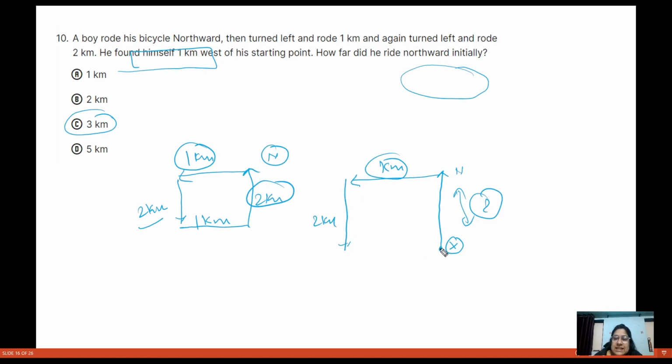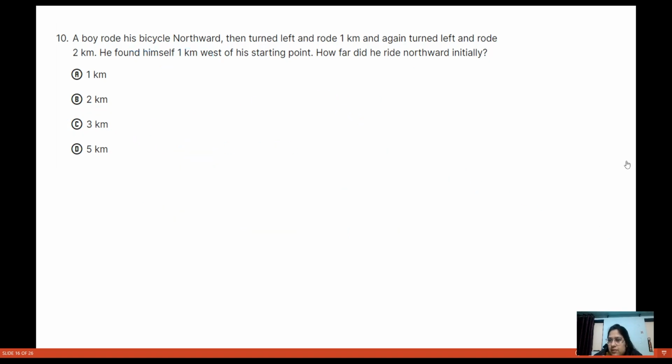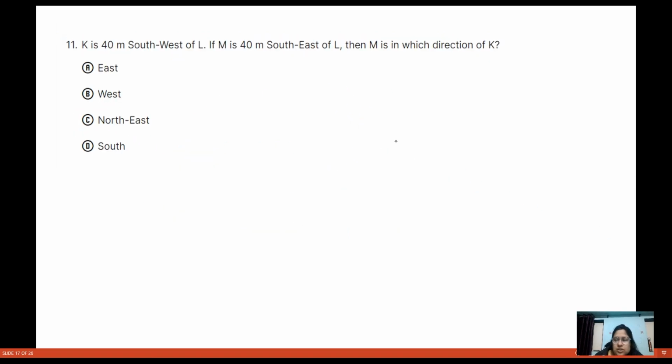Then it is exactly towards the west 1 kilometer. So this tallies, this is 1 kilometer, so this is also 2 kilometer only. So how far did he ride northward initially? 2 kilometers you get. Easiest of the questions. In direction sense tests, you will get these kinds of questions only.